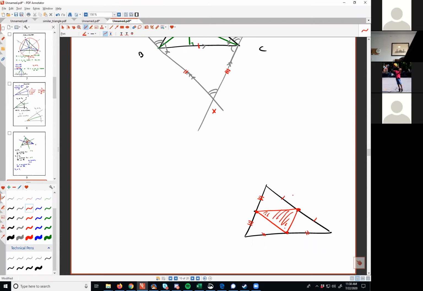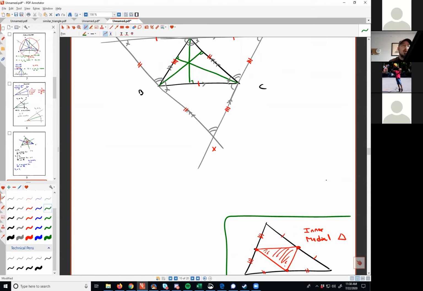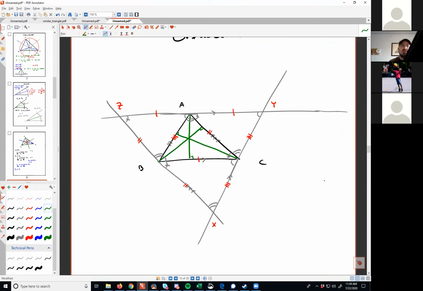We could call the triangle in the middle the inner medial triangle of the original triangle, or we could say the original triangle is the outer medial triangle relative to the inner triangle. And the area ratio is 1-to-4. Okay, so that's kind of an aside right there. We don't really need to talk about this in order to talk about the problem that we're working on, but it's nice to know words.